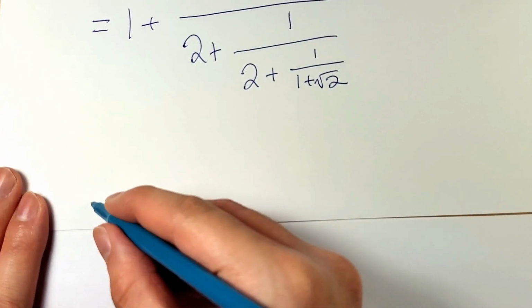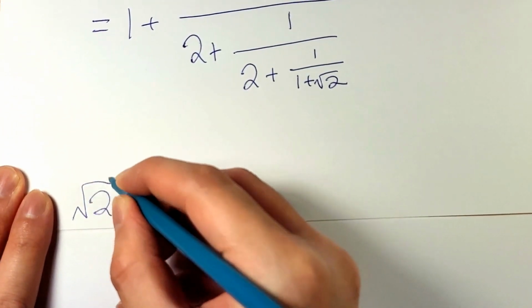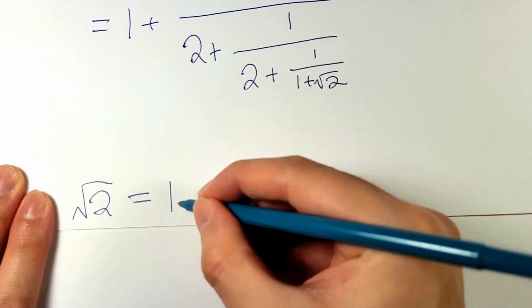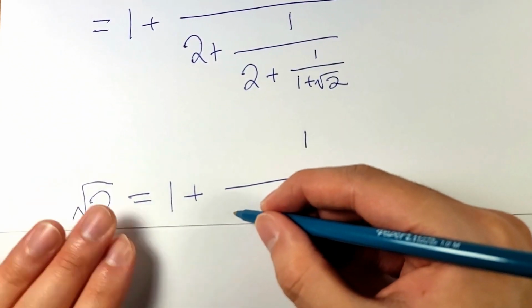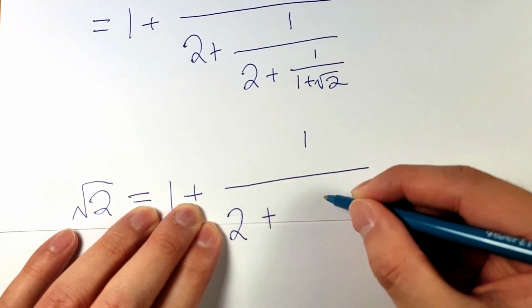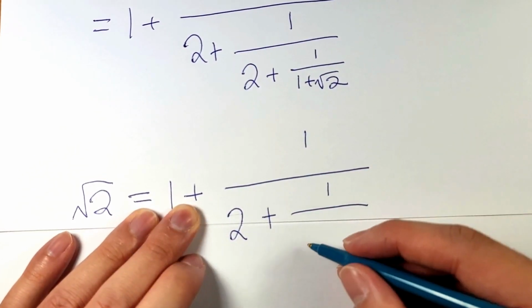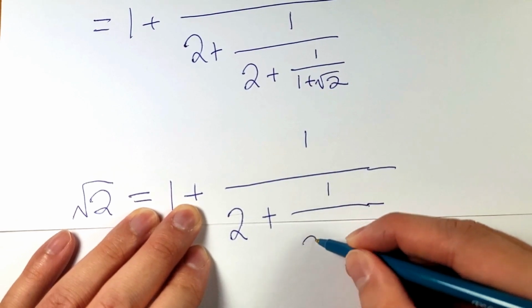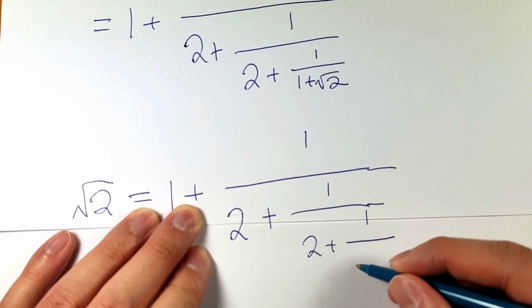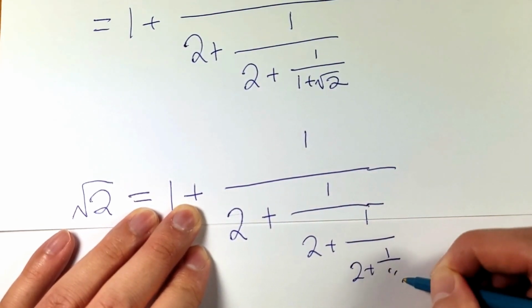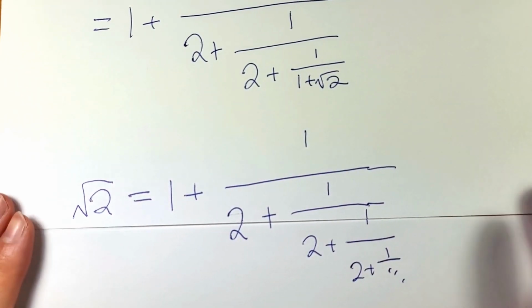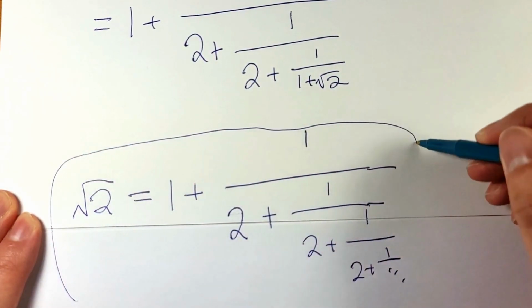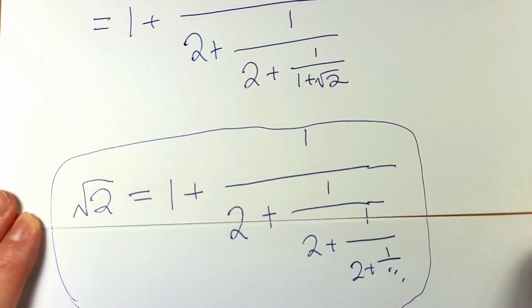I get that root 2 here equals 1 plus 1 over 2 plus 1 over 2 plus 1 over 2 plus 1 over, and so on. So we get our first equation here, that root 2 equals this expression here.